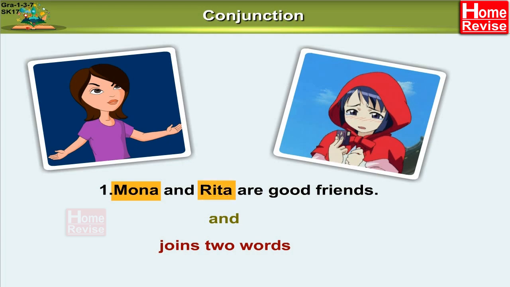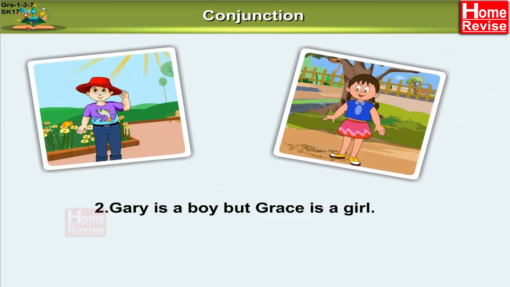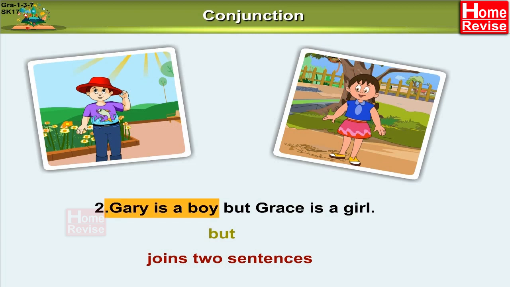Another sentence, Gary is a boy, but Grace is a girl. In this sentence, but joins two sentences. Gary is a boy and Grace is a girl. Third sentence. Now this is something your teacher might have sometimes said to you.